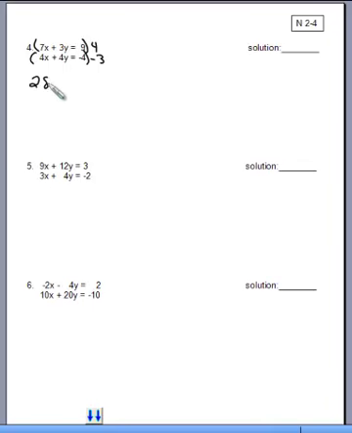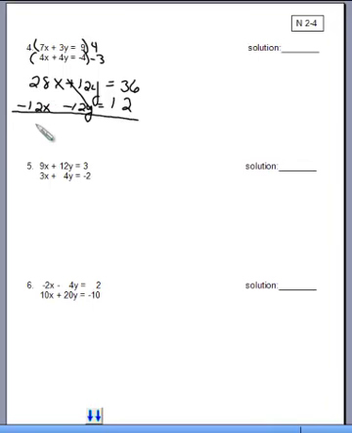So that gives us 28x plus 12y, and don't forget to multiply it by this last one. That equals 36. And negative 3 is negative 12x minus 12y equals positive 12. The y's again had to be 0, so we eliminate the y variable. 28 minus 12 is 16x equals 48, and when I divide by 16, x equals 3. So x equals 3.